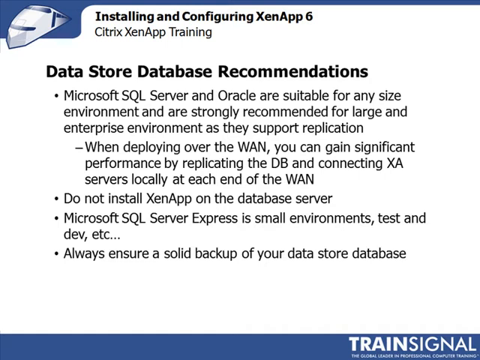So what you could do if you're using SQL or Oracle is enable SQL replication, for example, or Oracle replication. You would put a database server in Chicago and a database server in Las Vegas. The XenApp servers in Chicago point to the SQL server in Chicago. The XenApp servers in Las Vegas would point to the database server in Las Vegas. What happens then between the 2 database servers is they replicate.